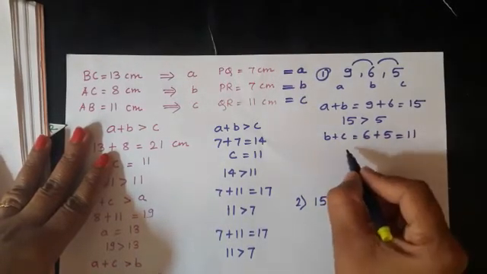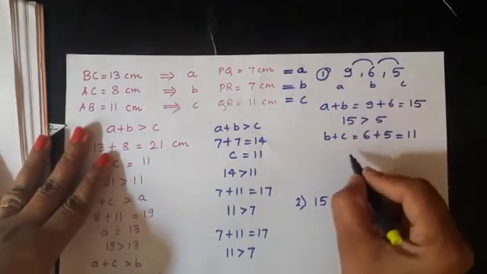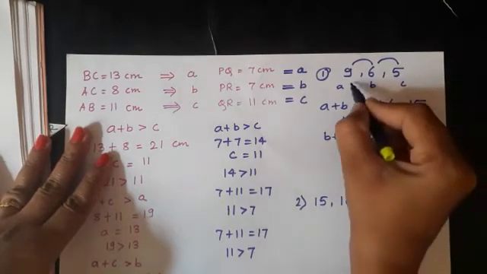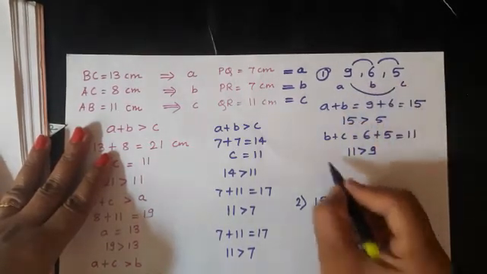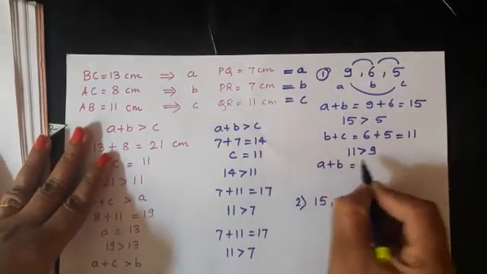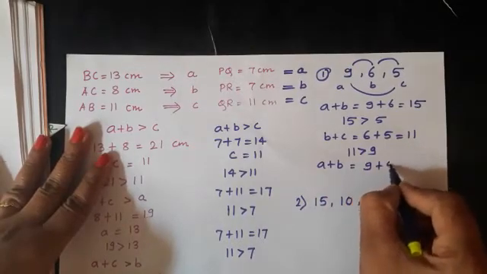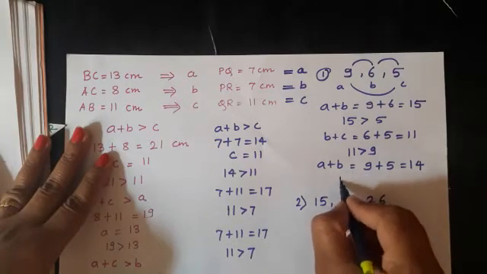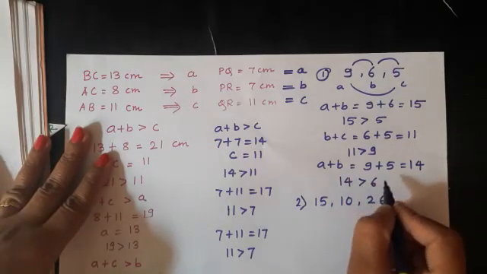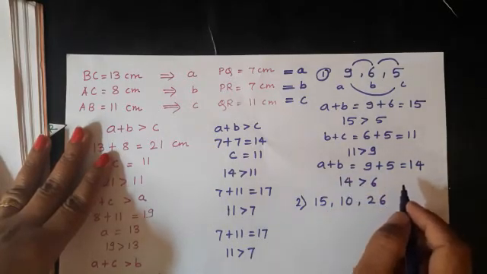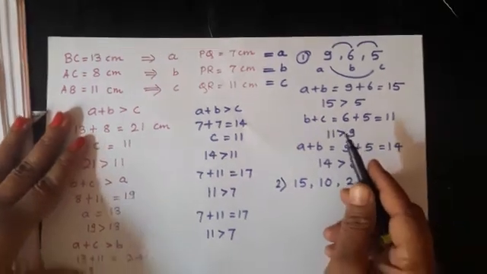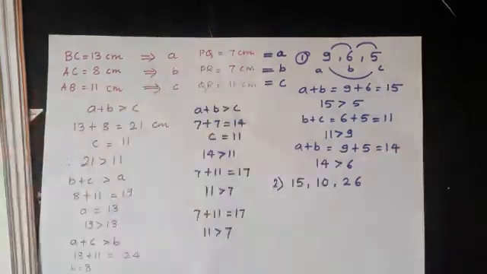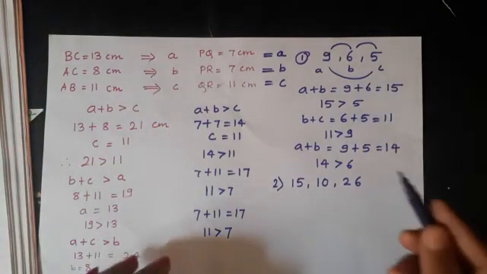The third side is 9. So 11 is greater than 9. One more pair, 9 and 5, that is A plus C. 9 plus 5 is 14. So 14 is greater than 6. So we can write a statement: therefore, we can construct a triangle.